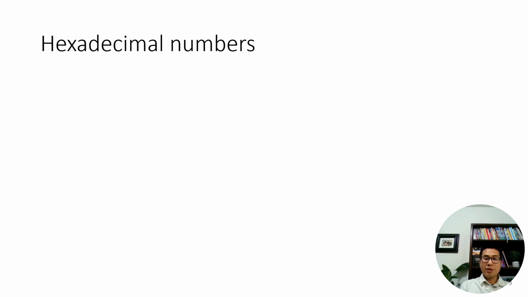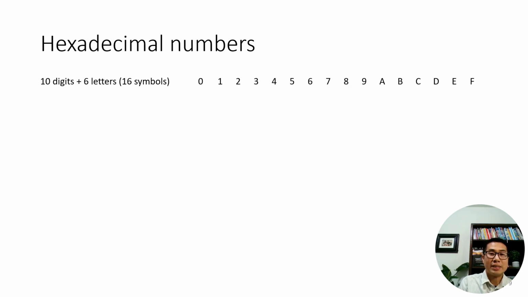Then another very common base that computer systems use is hexadecimal numbers. It is going to be represented by, of course, 16 symbols with 10 digits plus 6 letters going from A, B, C, D, E, and F over here.